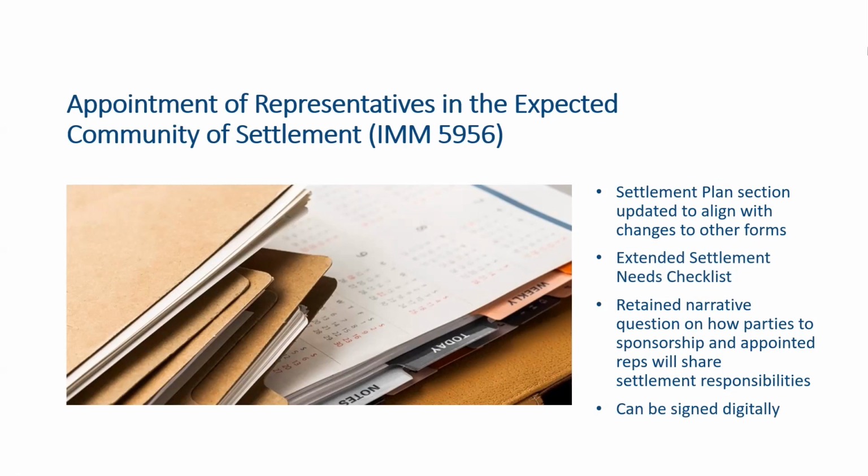So you'll be working with the extended settlement needs checklist in the undertaking and settlement plan form, as well as in the appointment of representatives form, if you have to deal with a secondary migration, or if you're working with refugees that settle in a town, city or community of settlement where you don't have CGs or co-sponsors. The narrative questions are still relatively the same on this form. The only major change is the extended settlement needs checklist has now also been included.